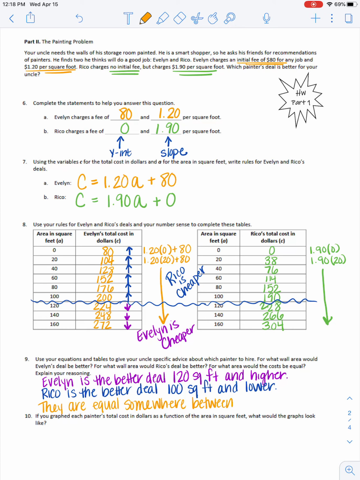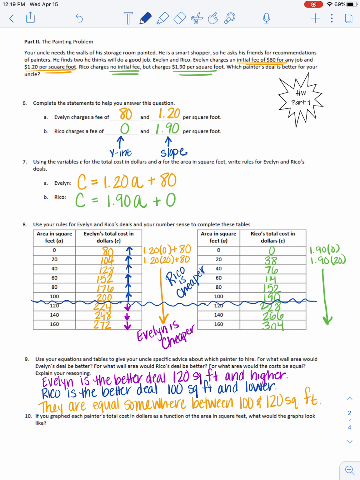So somewhere between 100 and 120 square feet. Now, if I was asking you to use a graph, or I was asking you to solve this algebraically, you could come up with a more precise answer, but we are just looking at the table.